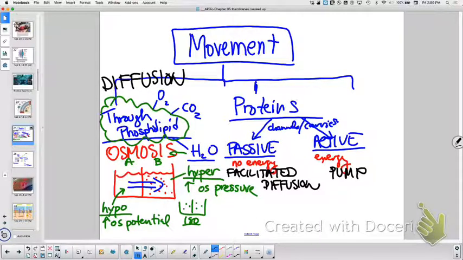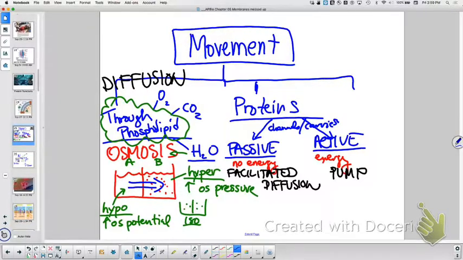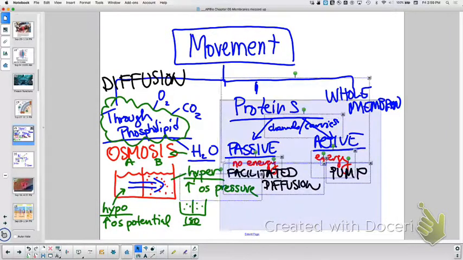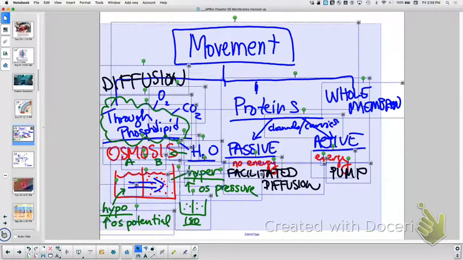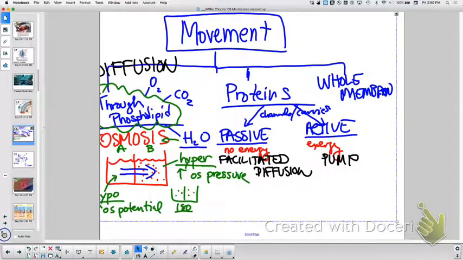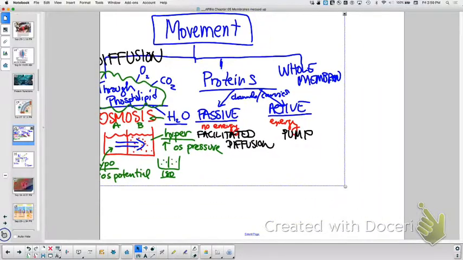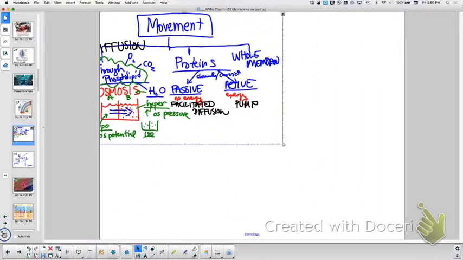Okay, then the next thing we would do is what? Yeah, so whole membrane. I was running out of room, so I need to shrink it down.